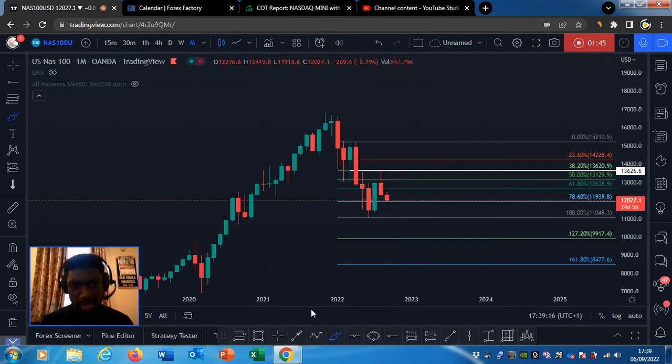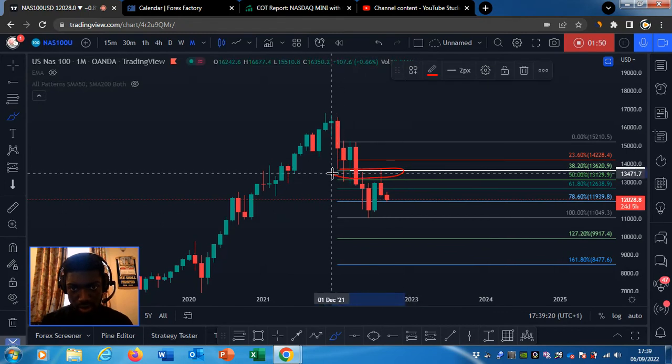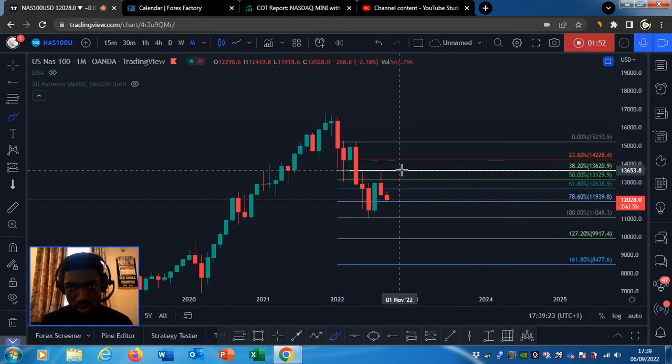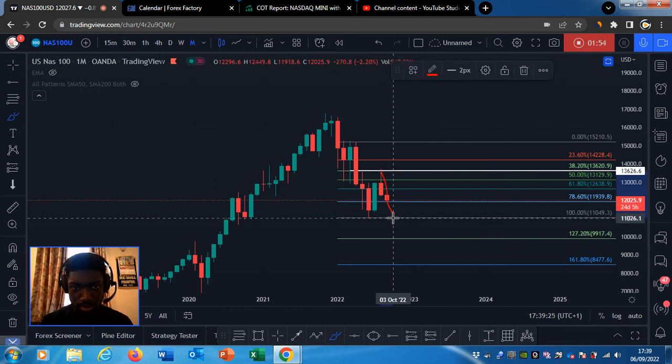So based on the Fibonacci, we can tell that price has come and tested the golden ratio, the 38.2, and obviously price has dropped.